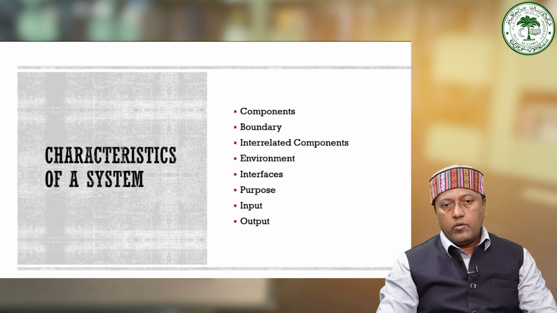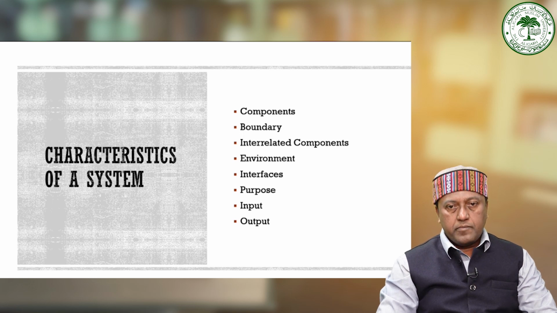Number two, boundary. The library system has a boundary that separates it from its environment, which includes the broader community, other libraries, and external information sources. Within this boundary, the library can control its resources and operations, such as book collections and lending policies.